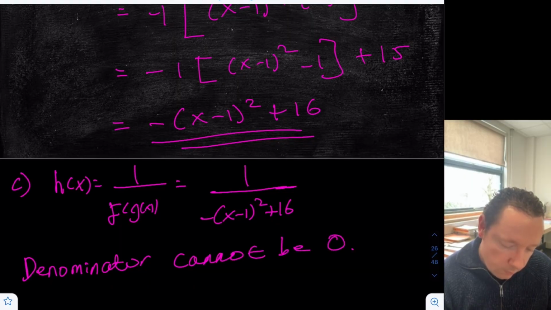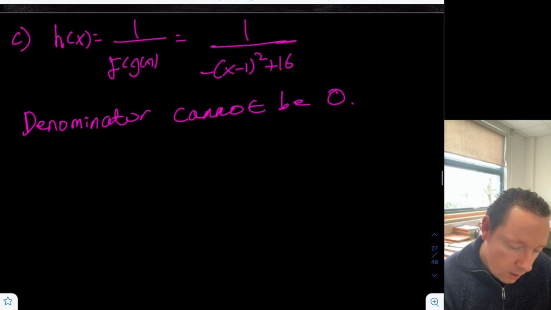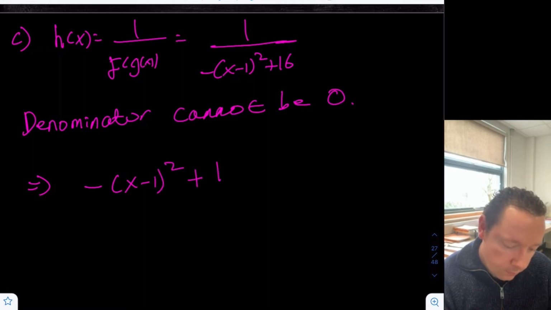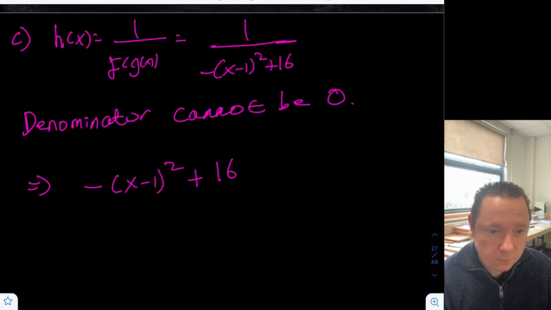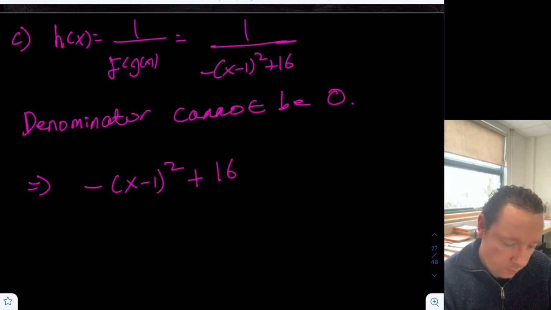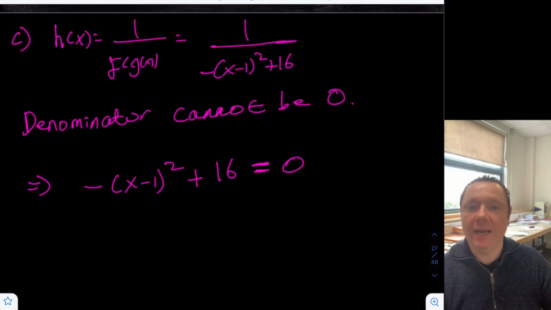So that implies minus (x minus 1) squared plus 16 is not 0. So try to solve that equal to 0 to see what that gives me. When it is 0, I can then say x can't be these numbers.